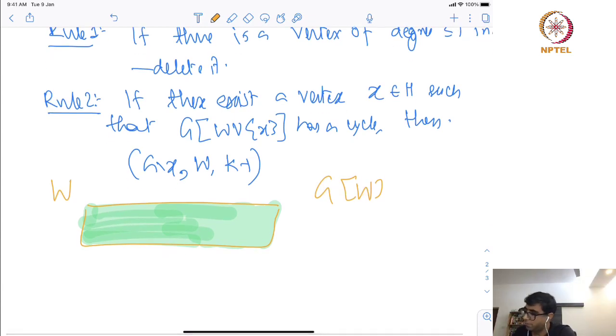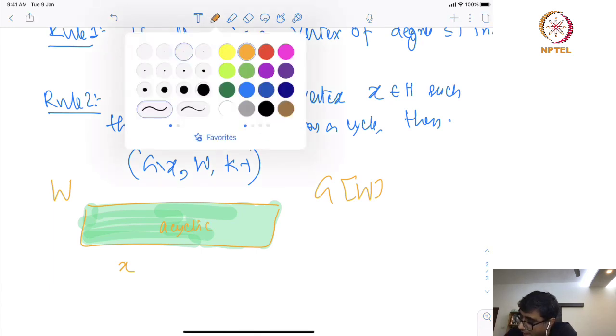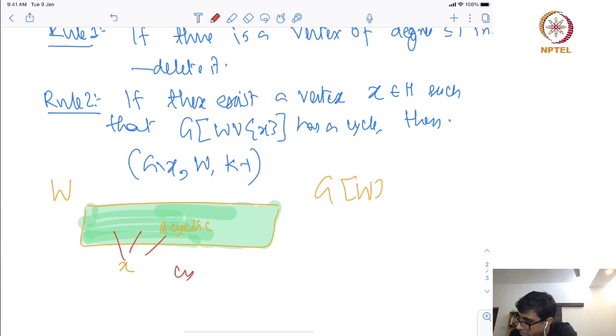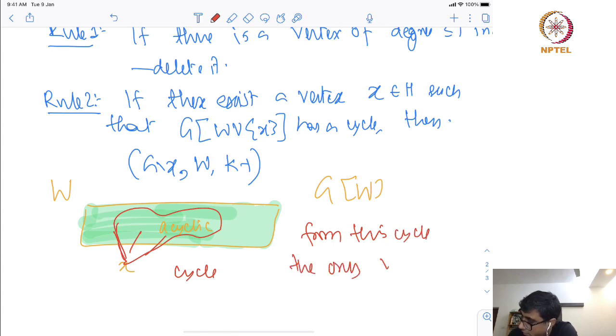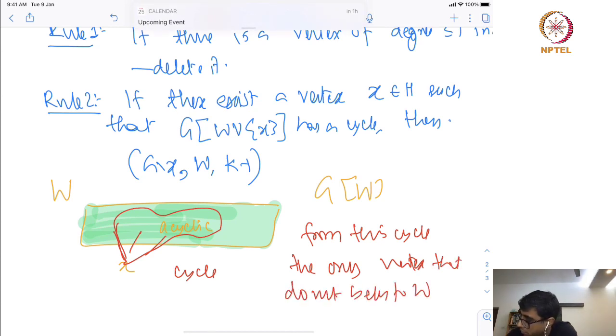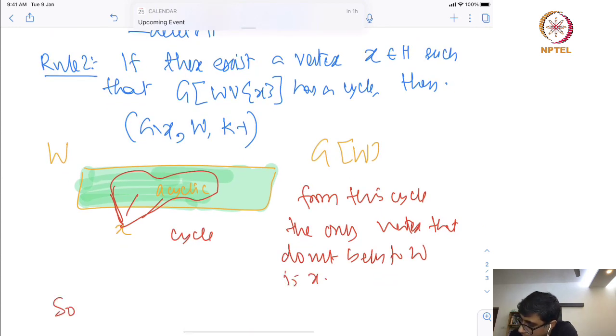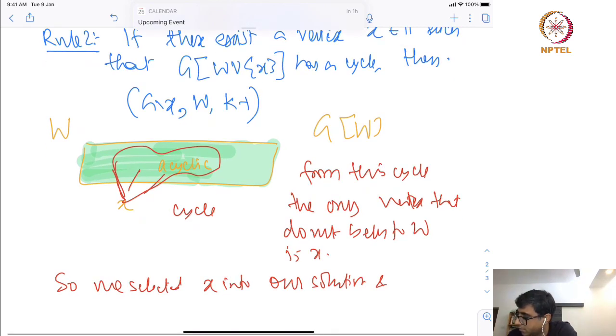There exists a cycle where the only vertex that does not belong to W is X. So we select X into our solution and decrease the parameter.